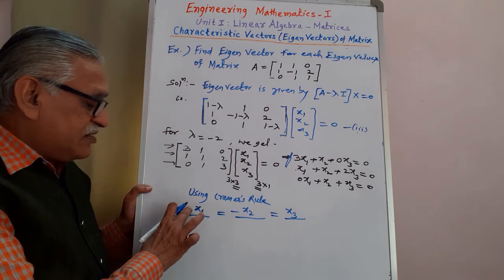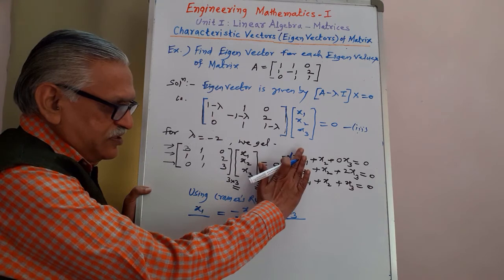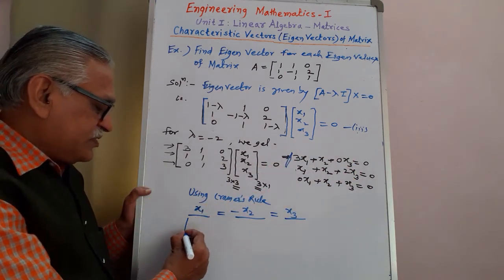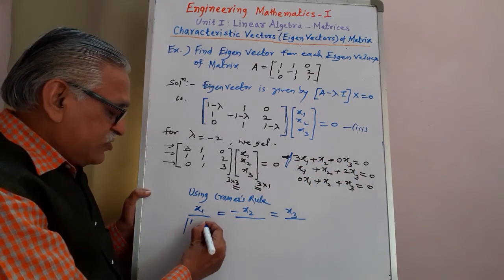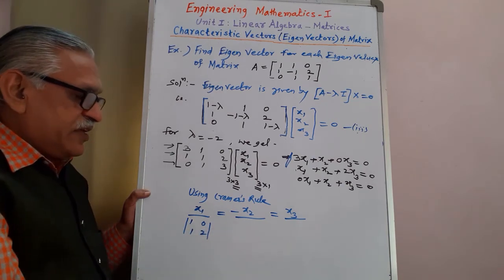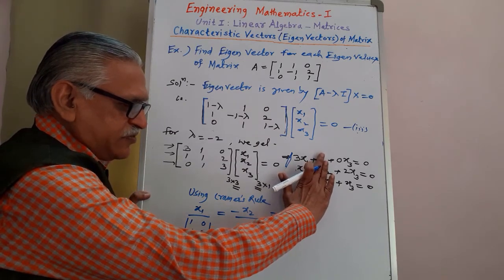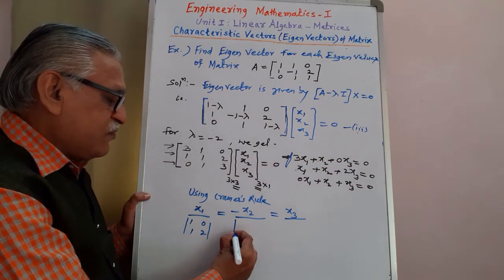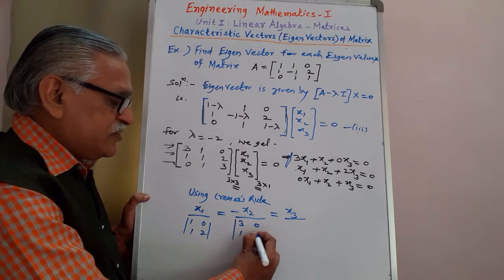For x1, we have to neglect the first column and then take the determinant of the coefficients of the remaining. The determinant is here 1, 0, 1, 2. Then to determine below x2, neglecting x2, taking the determinant of the remaining 4 elements: 3, 0, 1, 2.